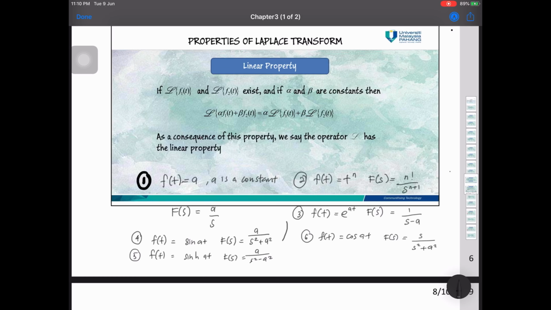On the other hand, if you have f(t) equal to cosh(at), what you will have for your Laplace transformation will be s over s squared minus a squared.